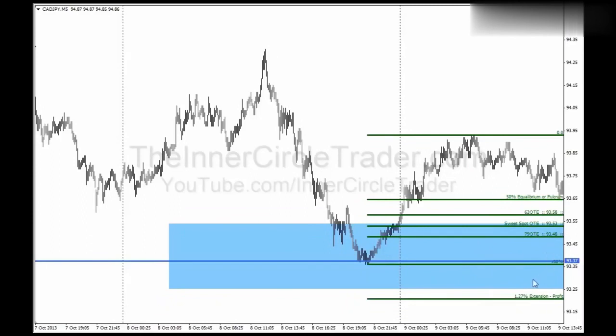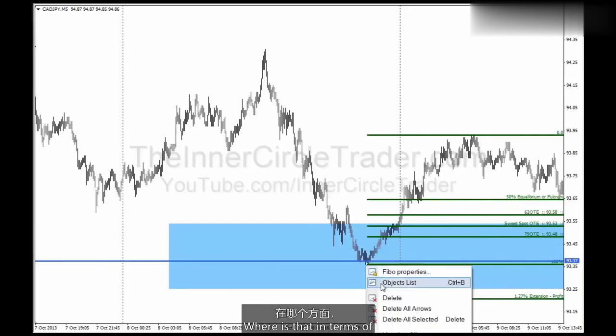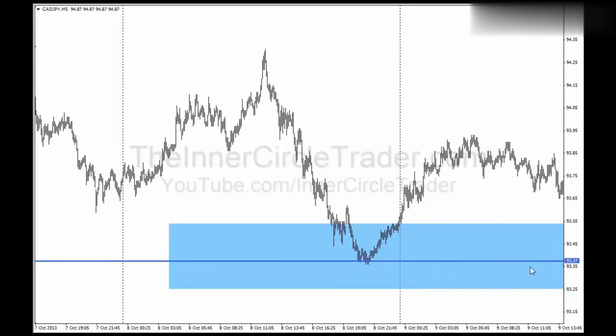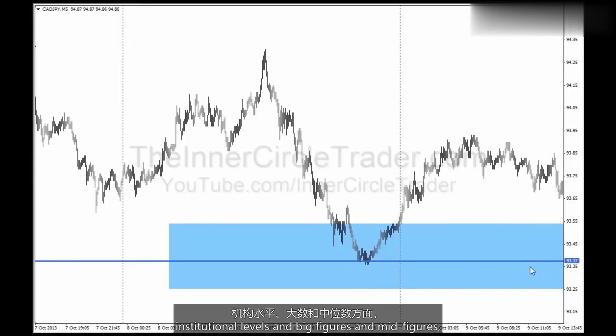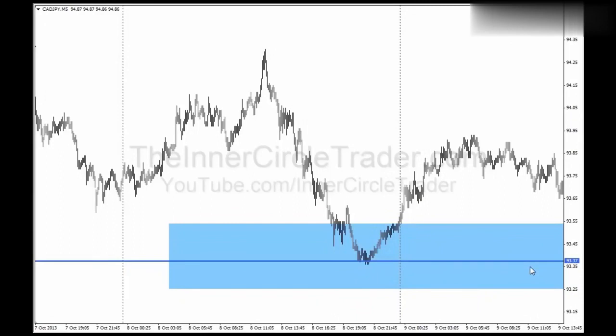Okay, this level here is 93.37. Okay, 93.37. Where is that in terms of institutional levels and big figures and mid figures? Okay, notice that we have the mid figure up here.